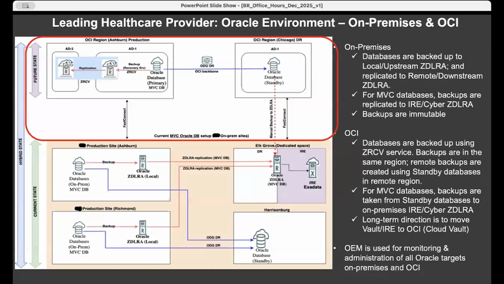We had ZDLRA for a while, so when the cyber resiliency and IRE work came in, it was easy for us to quickly pivot and provide a solution, which also made the customer really happy. Instead of a year-long project, we were able to immediately make the immutable backups and create the vault in a very short amount of time. So the turnaround was quick.